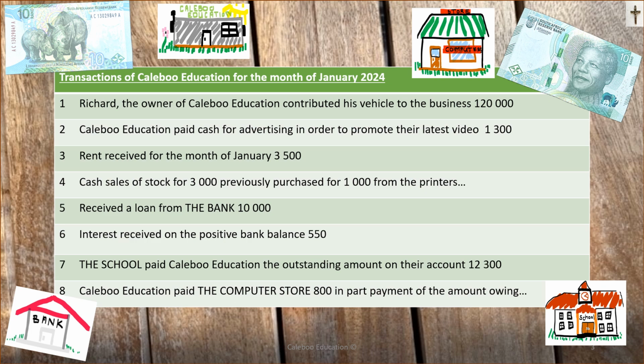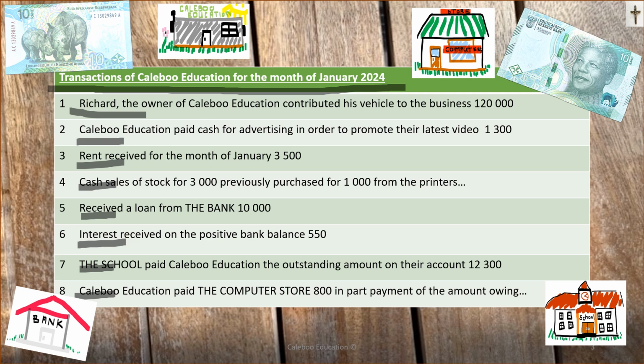We are going to record these transactions of Calibu Education for January on T accounts. There are 8 transactions, just to demonstrate how to record them on T accounts in case you're asked to do transactions in this way in your exam or test. For all these transactions, we're going to debit and credit the accounts that are affected, and demonstrate which accounts are debited and credited on T accounts.